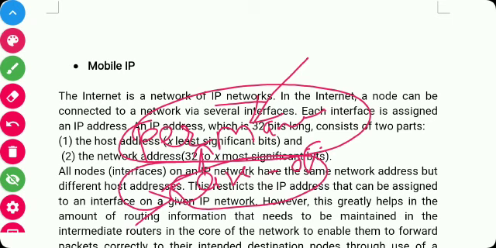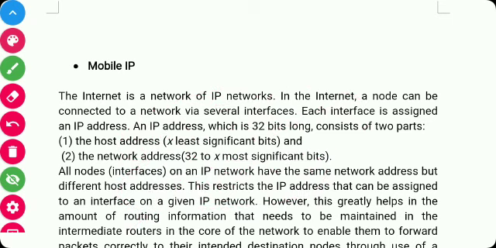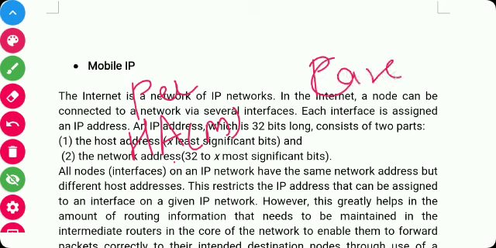When a mobility binding for mobile node M is active, its home agent HA M intercepts all the packets that arrive for M. For example, this is the permanent or home address of M, and this is the care-of address, or the foreign network.